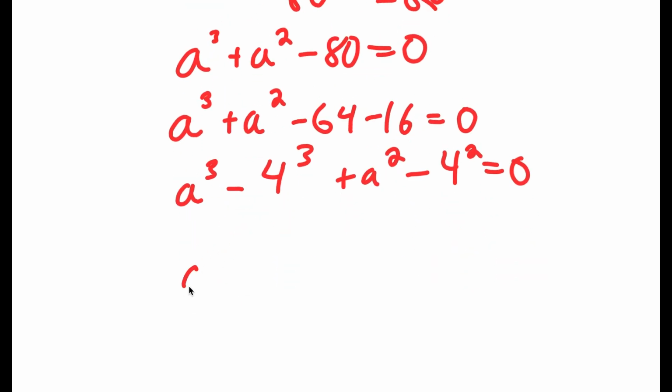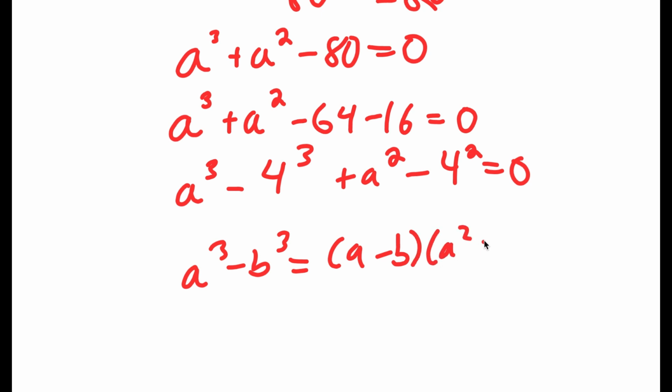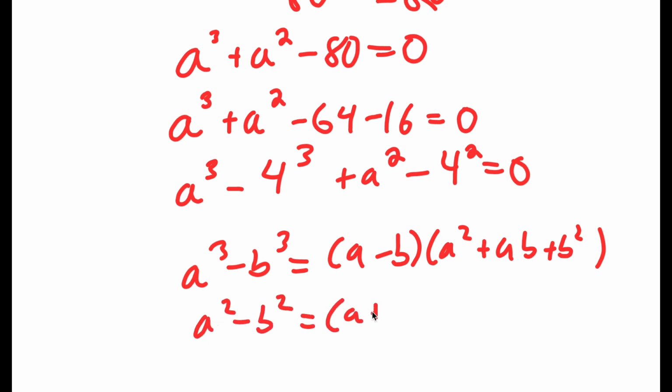Now, if I have something in the form a to the power of 3 minus b to the power of 3, this is going to equal a minus b times a squared plus ab plus b squared. And if I have something in the form a squared minus b squared, this is equal to a plus b times a minus b.